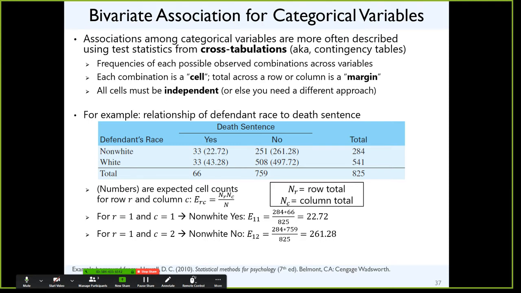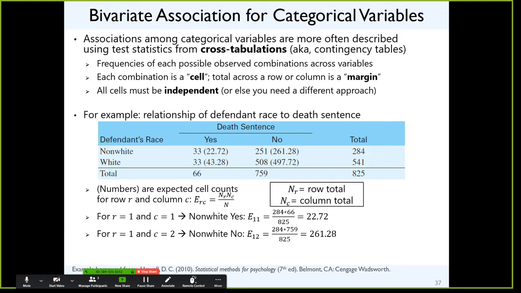So there's actually 33. Based on just the proportion of non-white people and the proportion of people who got a death sentence, that cell would be about 22 people if these things were unrelated. So there are more non-white people who were sentenced to death than expected. Expected is 22 versus 33.